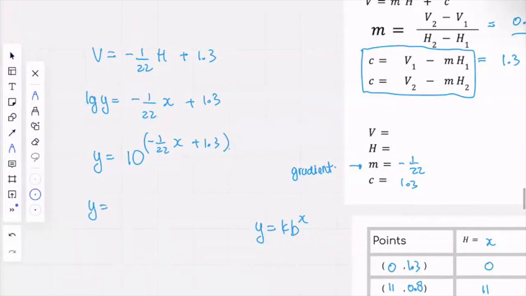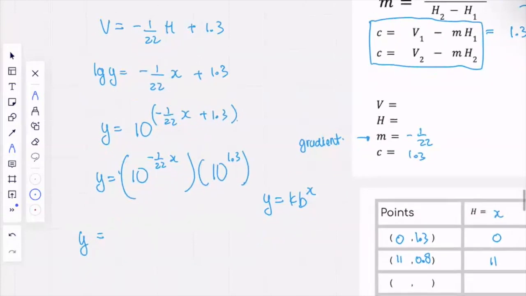We can split up these indices: 10 power negative 1 over 22 x times 10 power 1.3. 10 power 1.3, we can just use the calculator, 19.95.